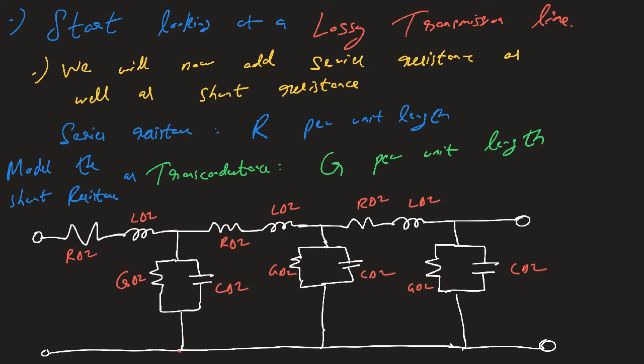Let's label our currents exactly as we did last time. Actually, let's label our nodes first. So once again, this is node 1, this is node 2, this is node 3.